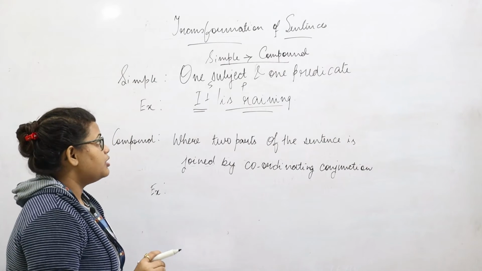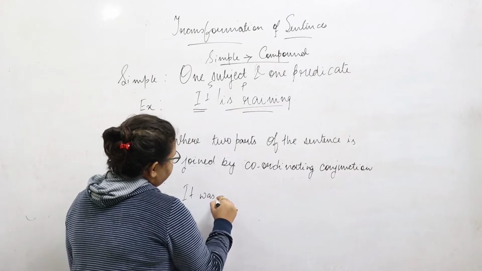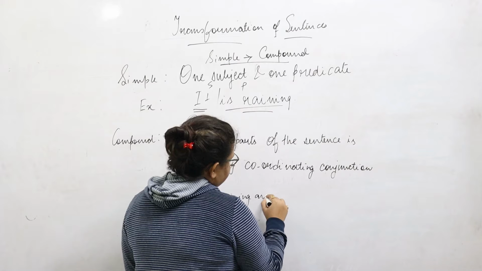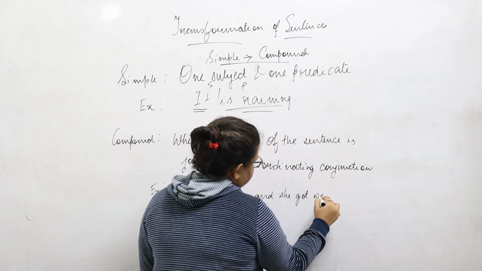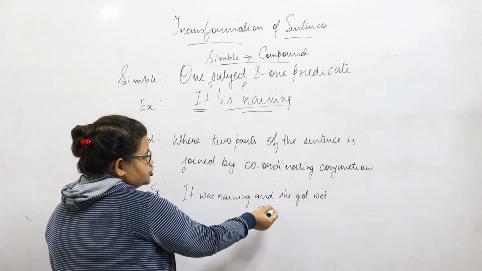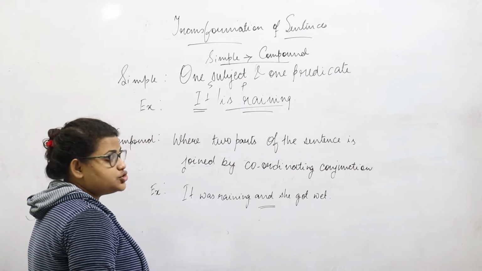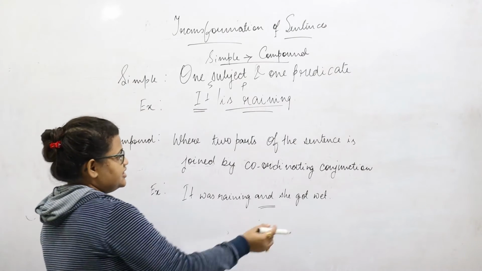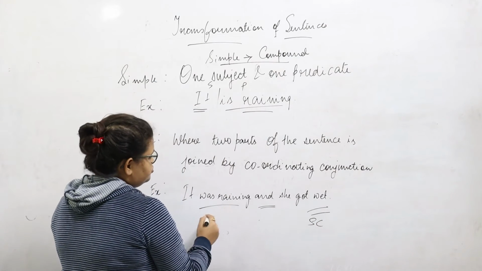So, an example of a compound sentence would be: it was raining and she got wet. So in this sentence, it is joined by a coordinating conjunction. This word and is joining the two parts of the sentence, and the sentence certainly does not have one clause. There are two. There's a principal clause and there's a subordinate clause.